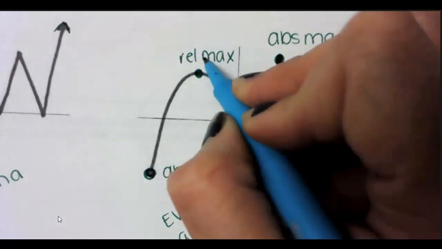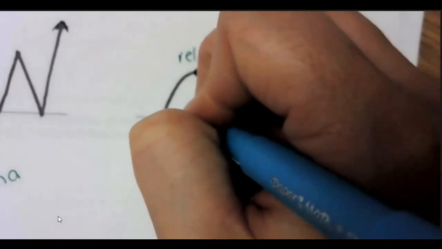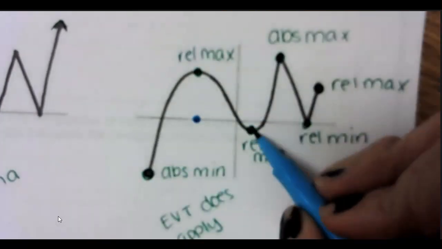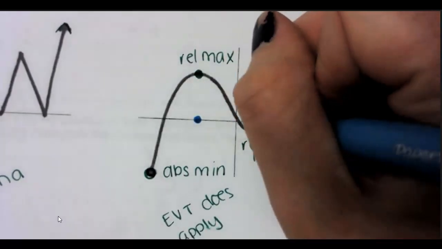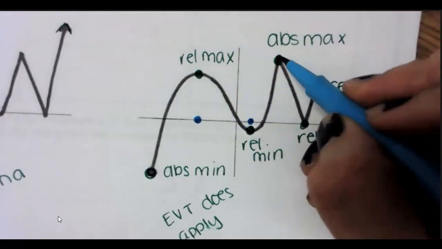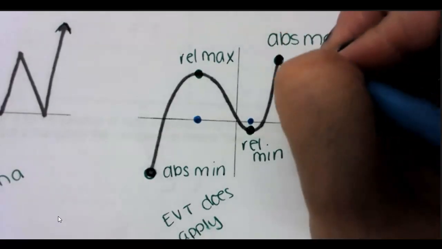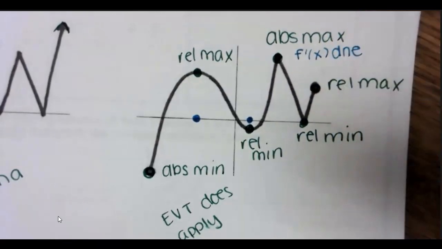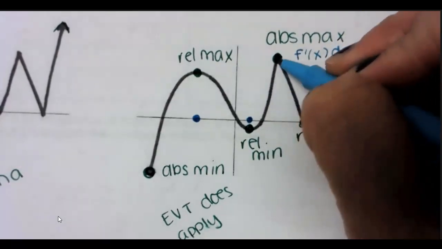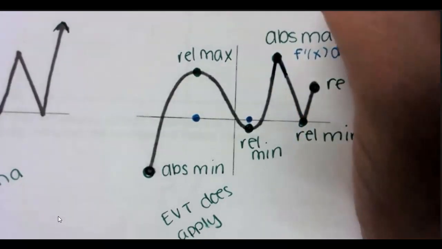So the derivative of this point would be, the derivative of the relative min. The derivative of the absolute max does not exist. Excellent. Why does it not exist? What do we call this type of point? It's a corner. Thank you, Jay.